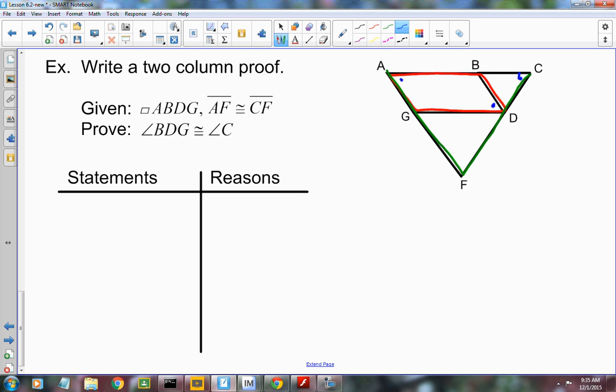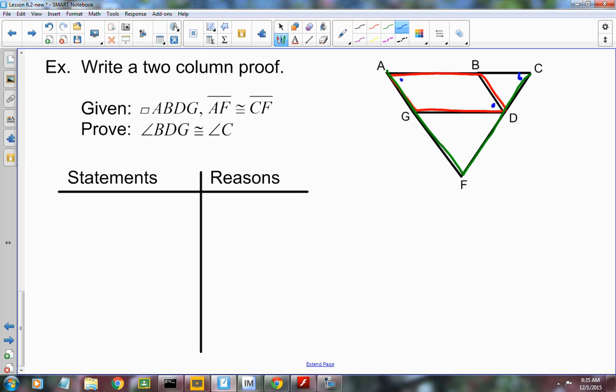And so if these two sides are congruent, what can I get from that? AF is congruent to C, right? Isosceles triangle here. So if this angle BDG is congruent to A, and A is congruent to C, can I make a connection right here? By using what? The transfer problem.